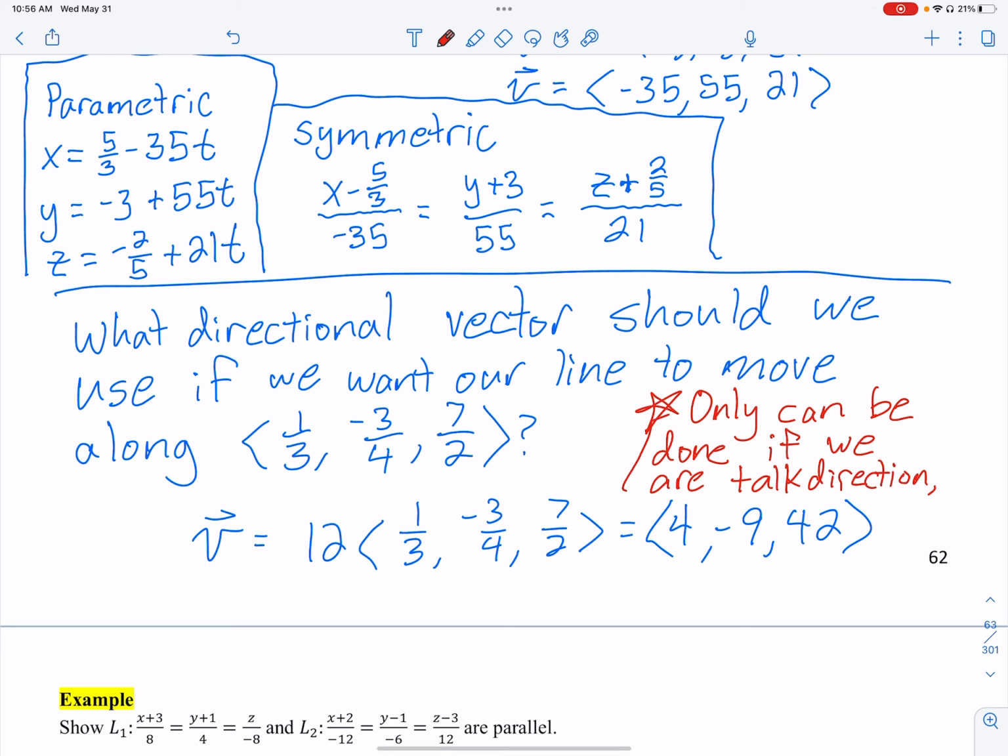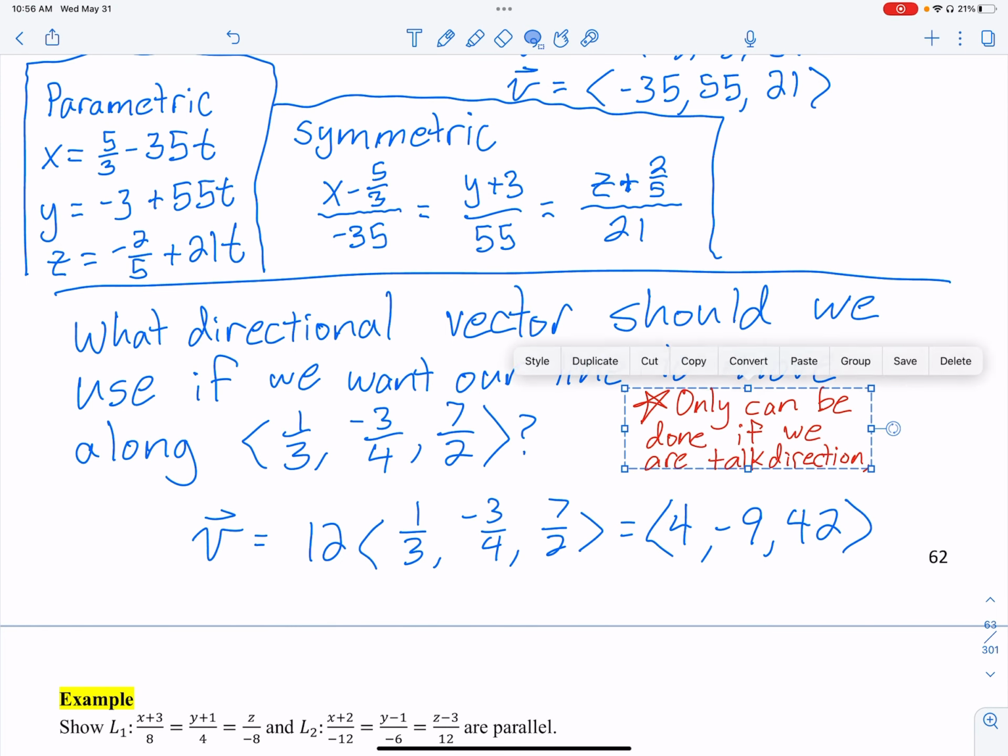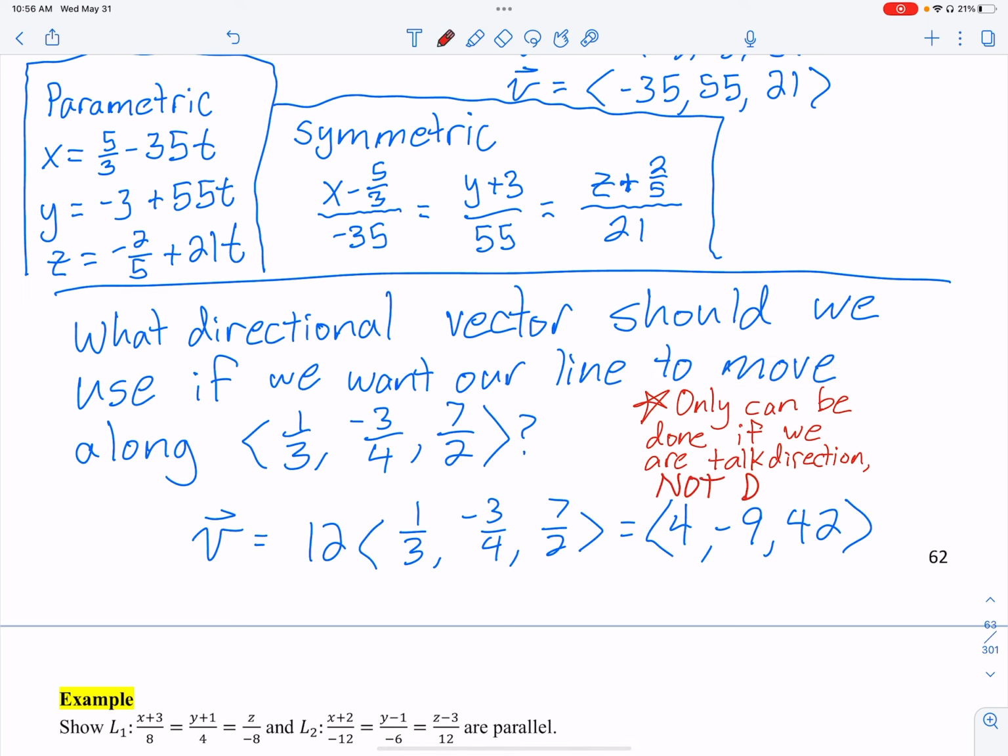I'm going to make this smaller so I can fit my whole note in here. So if distance is important, we can't change our vector. We can change the vector if we are only talking about direction. So keep that in mind, only direction.